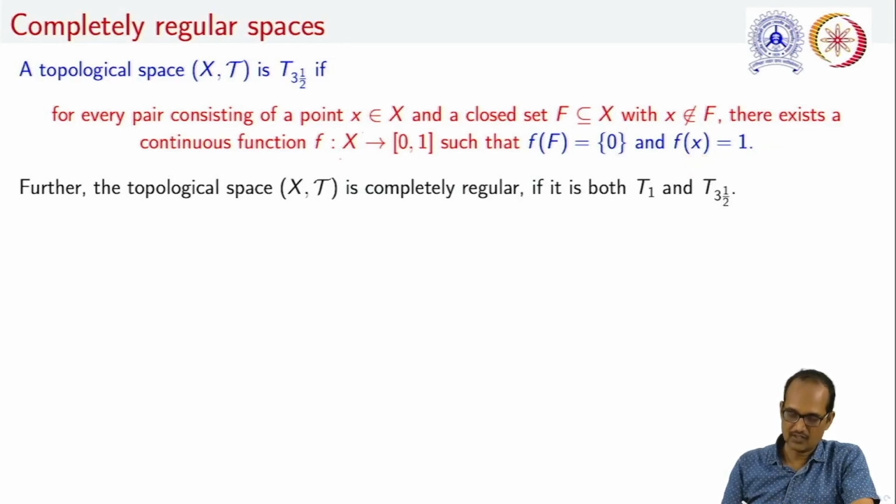And as stated earlier, a completely regular space means that this is T1 plus T3 and a half.